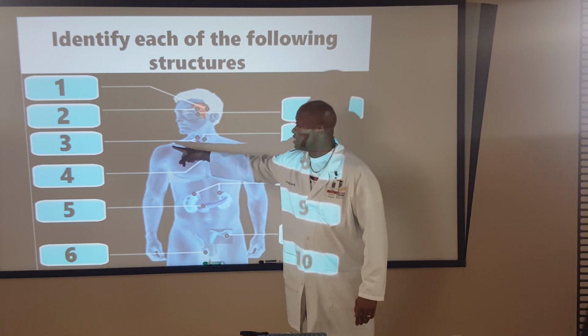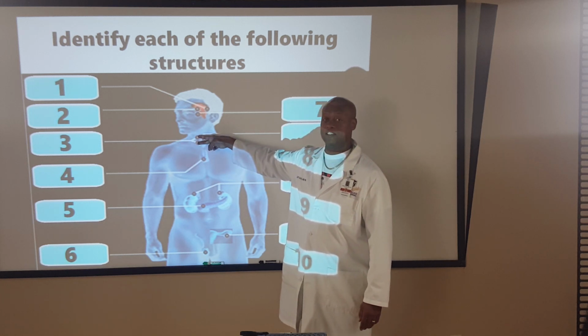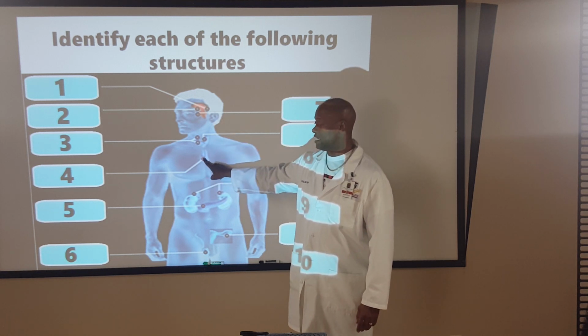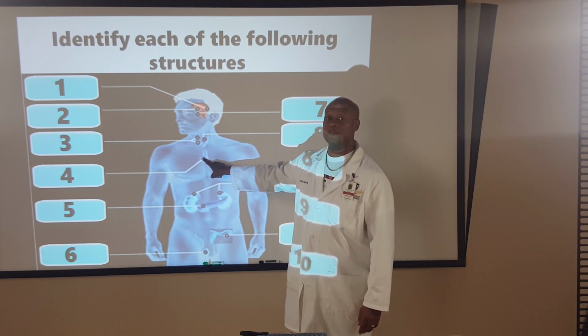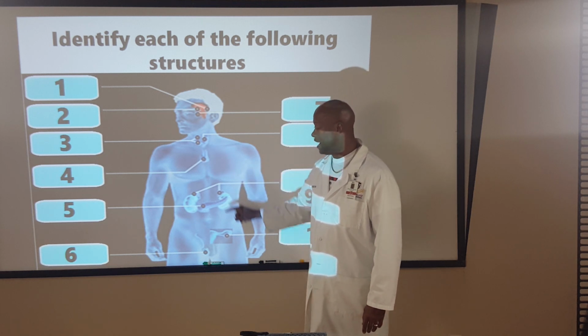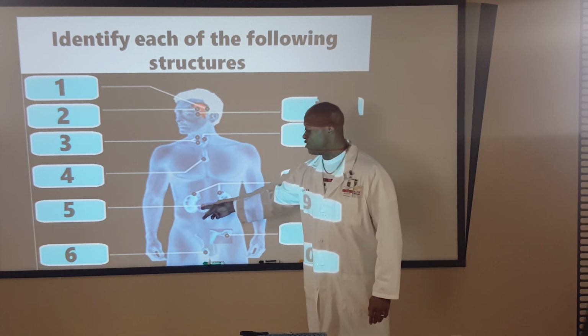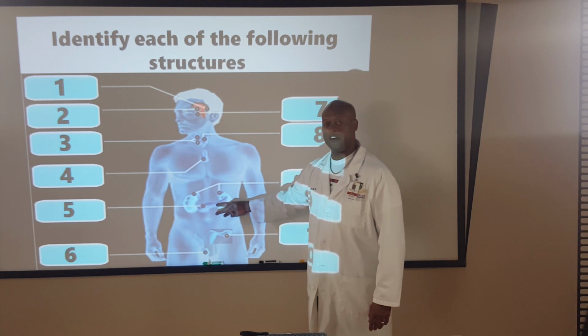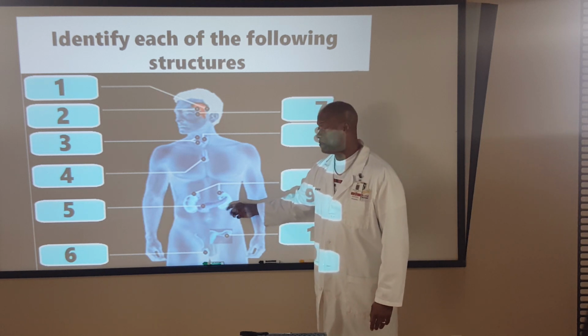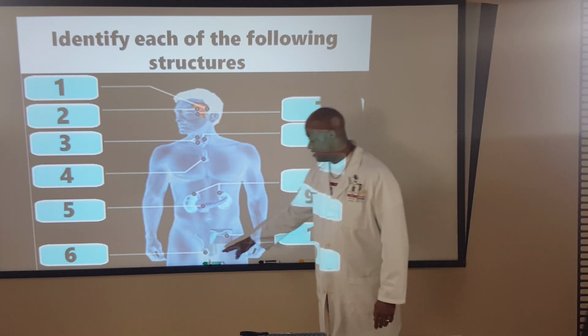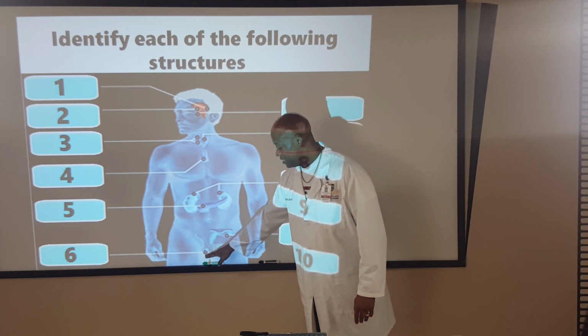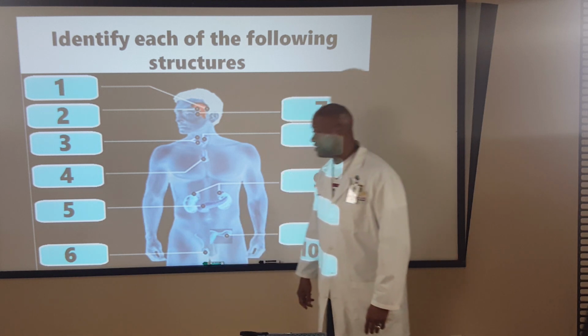It's got a pointer, and then that pointer splits into 2 right here at the neck. 4 is here, behind the sternum. 5 is this organ going in a transverse fashion here in the abdomen. 6 is the lower aspect of the pubic area.